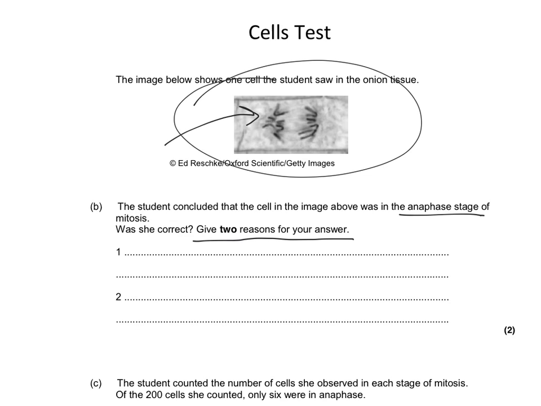You can just make out that they're at the end of the spindle. So that would be the first thing: chromatids, or chromosomes, it doesn't matter, at the poles of spindle, or the end of spindle.